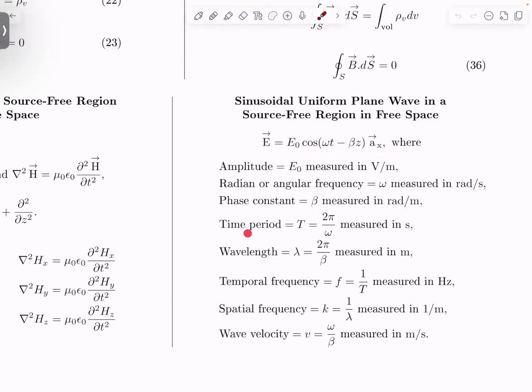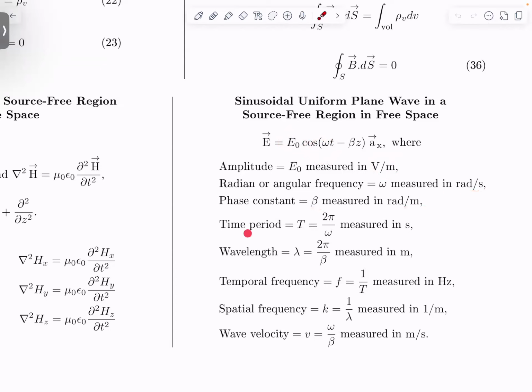The wave looks like this, right? This is the z-axis, and this is z equals 0. This is a cosine, and we are assuming that t equals 0. This graph is for t equals 0. Let's pick a specific point on this waveform.